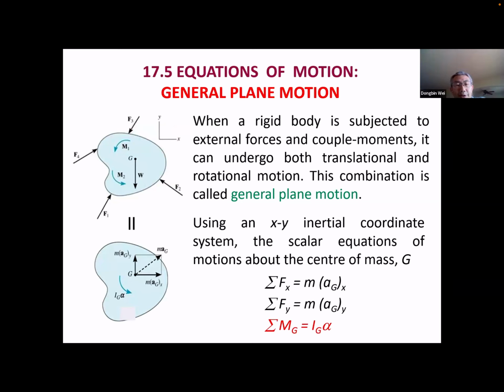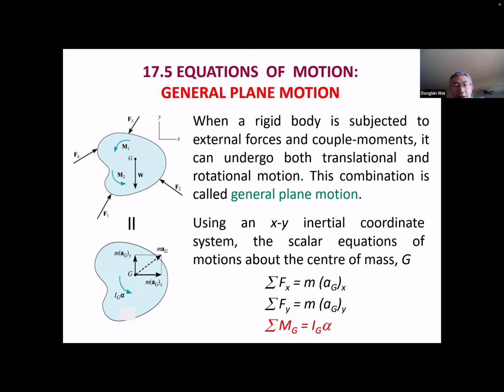So for general plane motion, as we studied before in the last 2 weeks, we have 3 equations. If we use an x, y coordinate system for the translation component, x and y are 2 components.